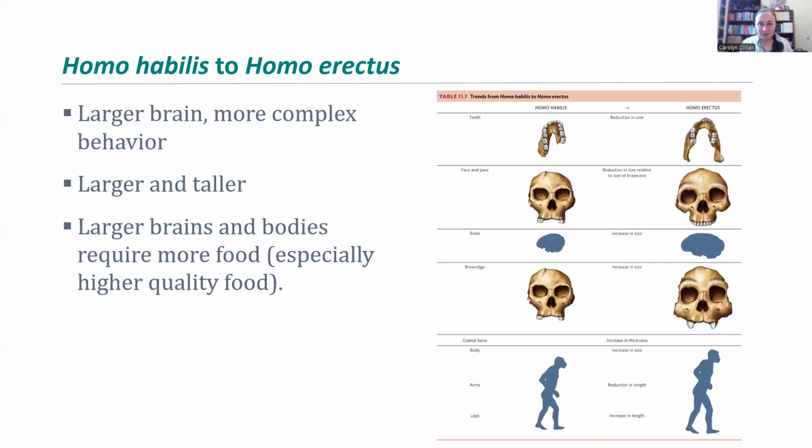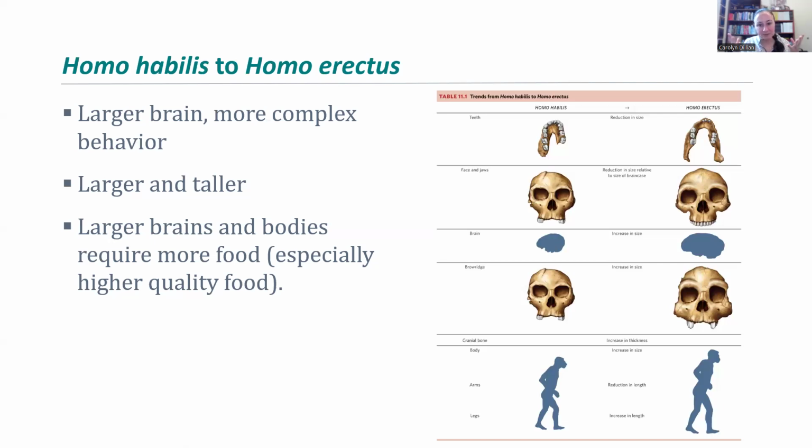Many of the biological features that we find in humans today evolved not as late as Homo sapiens, but actually showed up in our ancestor, Homo erectus. And as illustrated on this slide, from your book, Homo erectus evolved smaller teeth and smaller jaws compared to previous species.